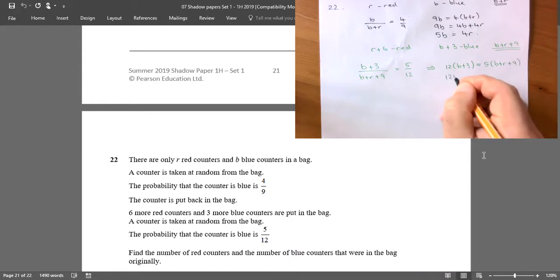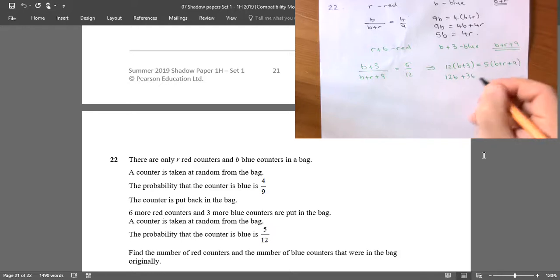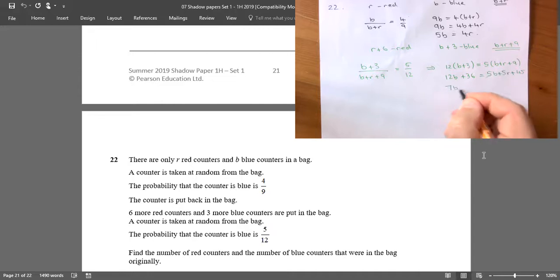So 12B plus 36 must equal 5B plus 5R plus 45. So let's take the 5B away. 7B plus 36 equals 5R plus 45. Let's take the 36 away. 7B equals 5R plus 9.